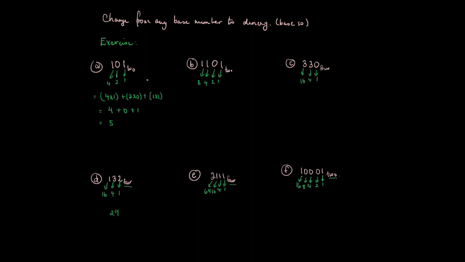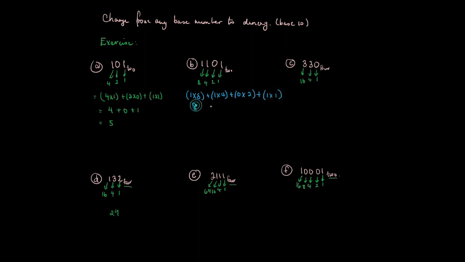So let's try this. This is base 2 being converted, well, any base being converted to denary. Here we have base 2, base 2, base 4, base 4, base 4, base 2. Since it's so easy, I'll do B and C and hope for the best with you, D, E, and F. So here we have 1 times 8 plus 1 times 4 plus 0 times 2 plus 1 times 1.